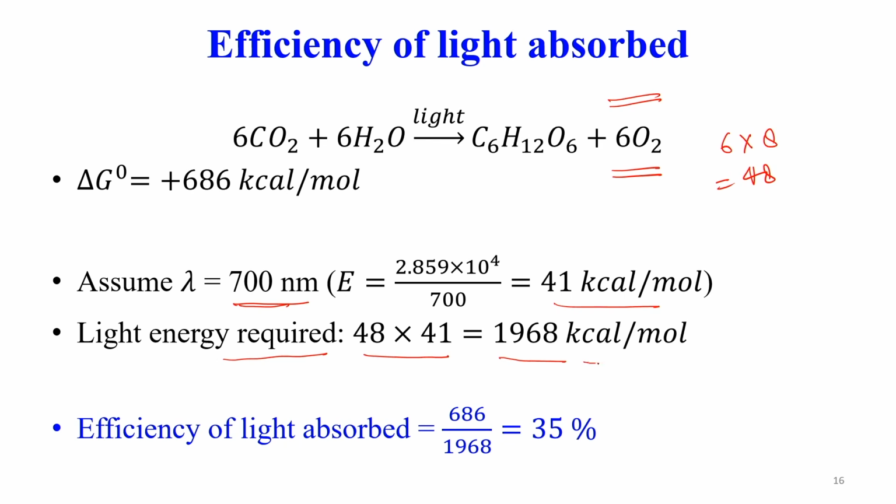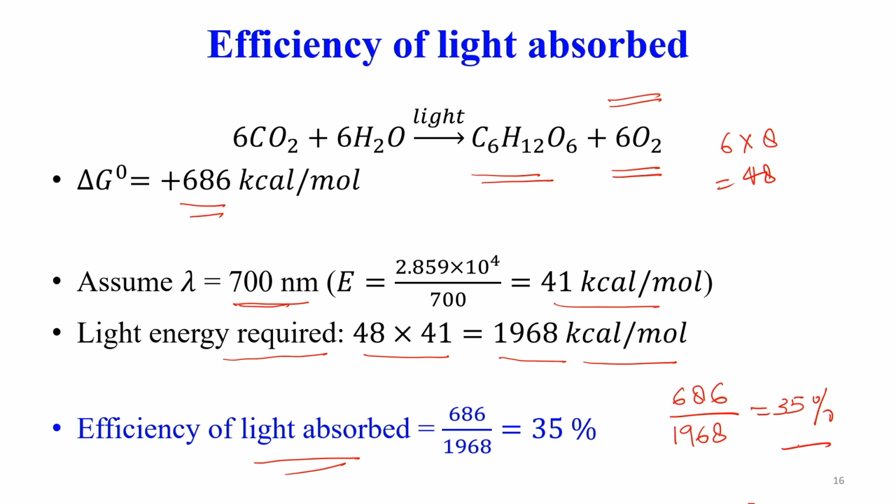So, this much energy is supplied, and the delta G value for this reaction is 686 kilocalorie per mole. So, the efficiency of light absorbed is 686 from this reaction divided by the energy supplied, 1968, which equals 35%. Why are we always seeing lower efficiency?